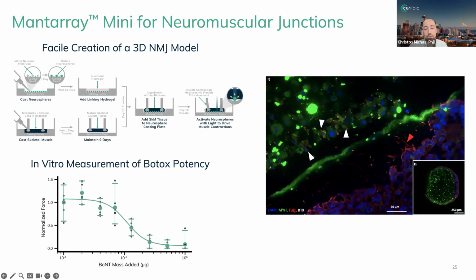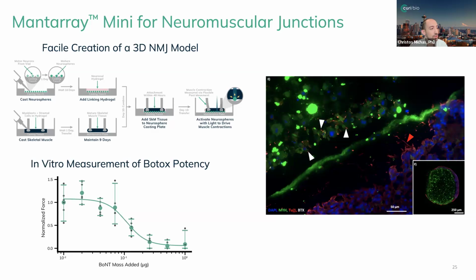So what we have done, we have co-cultured neurospheres with skeletal muscle mini tissues. And what happens is that the neurospheres grow out axons into the muscle to innervate the myotubes. And in a fashion that if we stimulate selectively the neurospheres, then we see a contraction in the muscle. And so that reveals the presence of a neuromuscular junction.